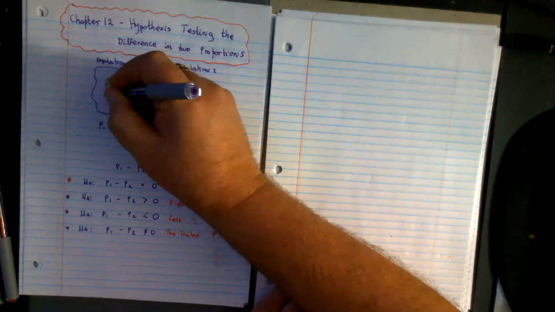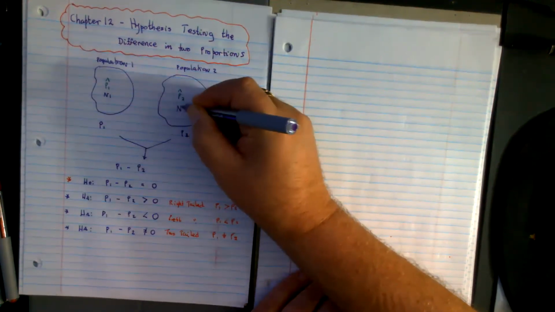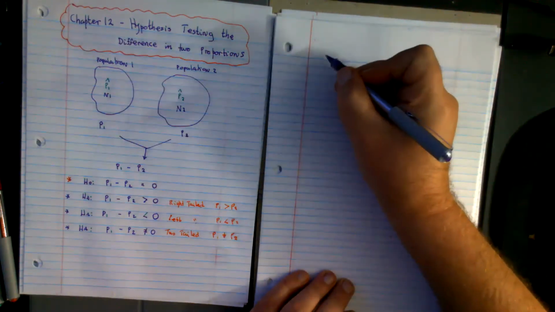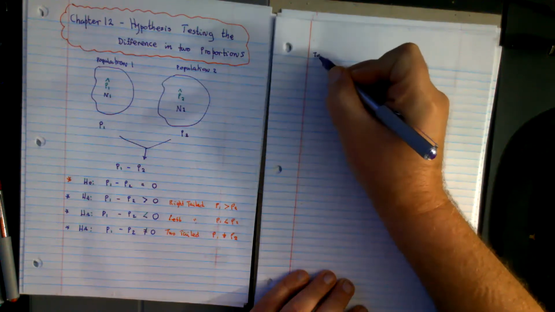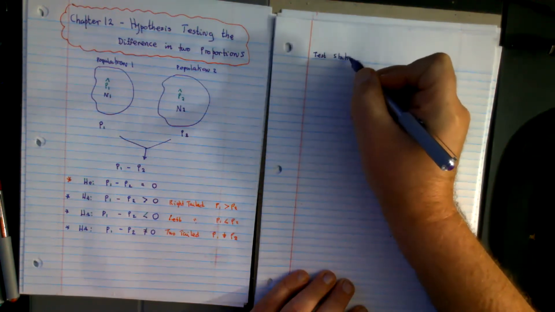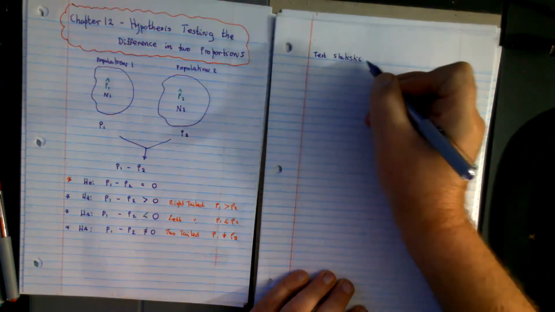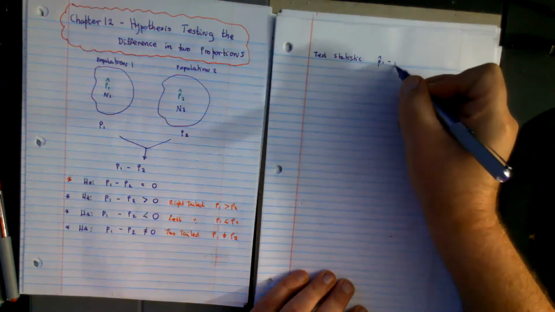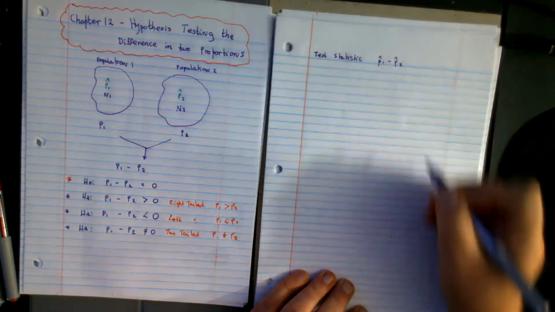Each sample might have a different sample size, N1 for the first population sample and N2 for the second. Right. So we're going to find a thing called the test statistic. And the test statistic is essentially the difference between the 2 sample proportions.